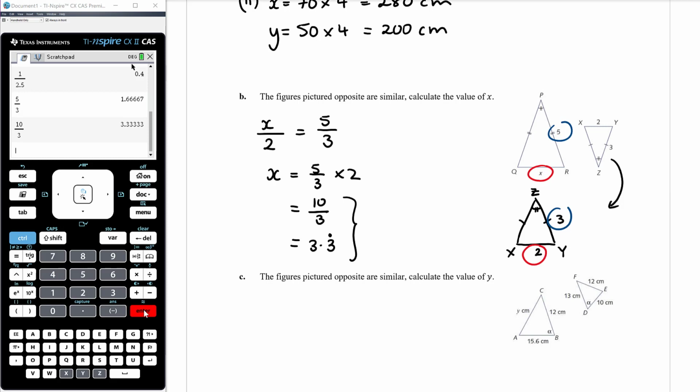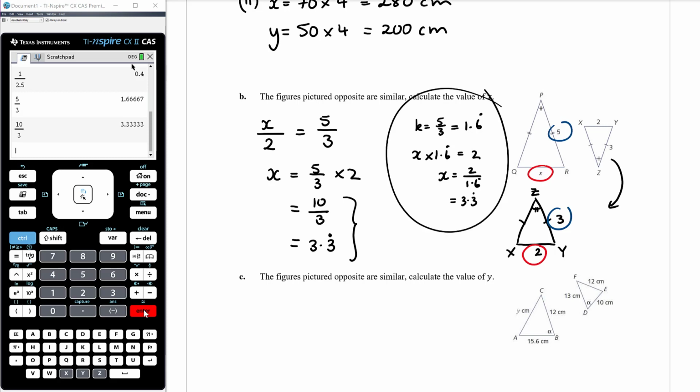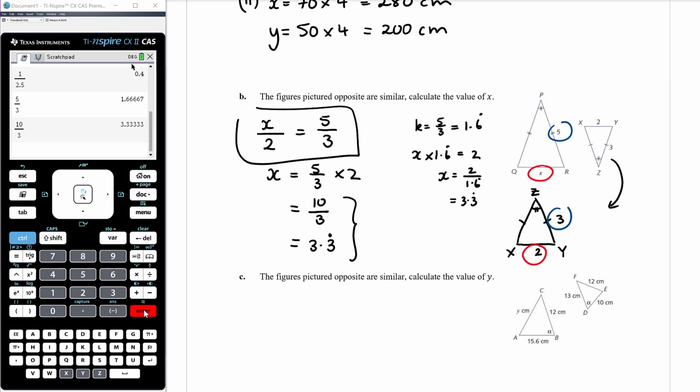So as I said, if you've worked out the scale factor is 5 divided by 3, which is 1.6 recurring, and so therefore x times 1.6 recurring would give me 2, and so therefore x is 2 divided by 1.6 recurring, which should give me 3.3 recurring. But it's just a bit messier with all those decimals and still trying to work exactly. Personally, I find it easier to start from here and then solve.